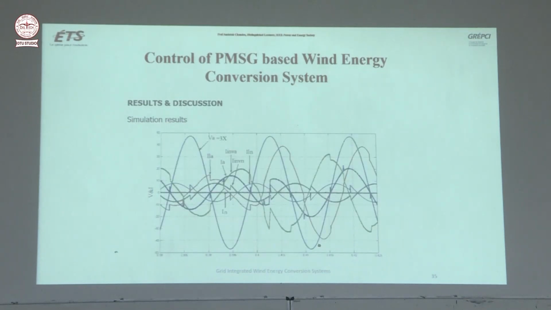See this very interesting result. This blue is the grid voltage, and ILA, the red one, is phase A of the load current. And you see IA is the grid current, blue. So you see this current is in phase opposition of the grid voltage.